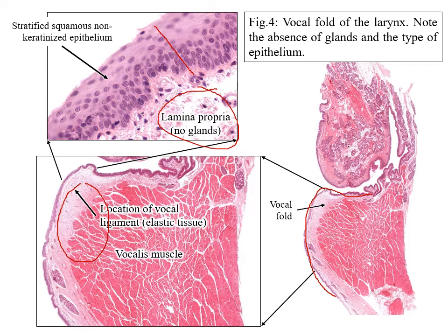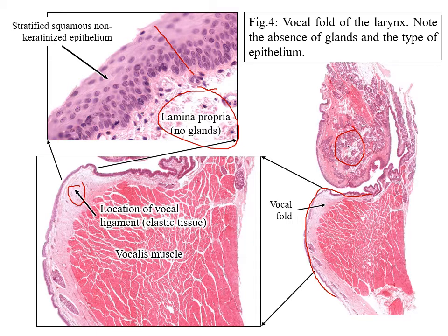If you remember from the previous slide, we saw how the ventricular folds had glands. Here in the vocal fold, we do not have glands. But what do we have? Here in this area, we have the vocal ligament.